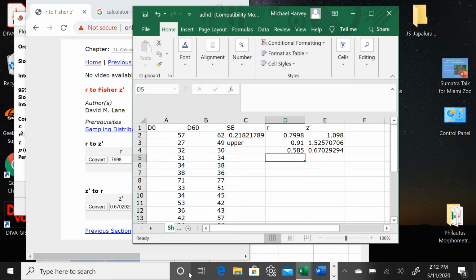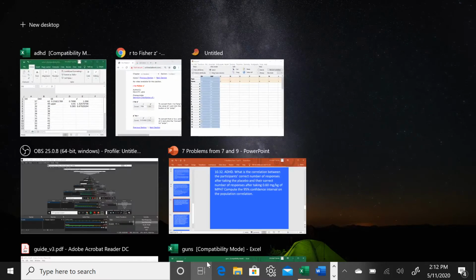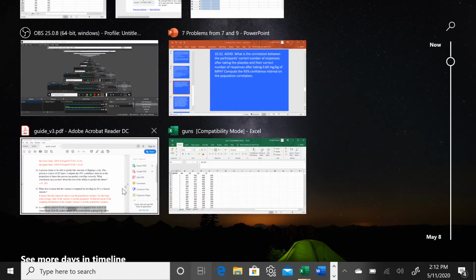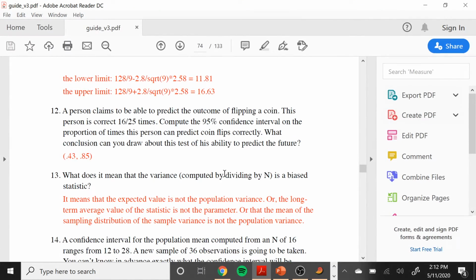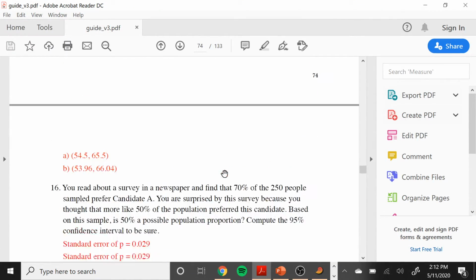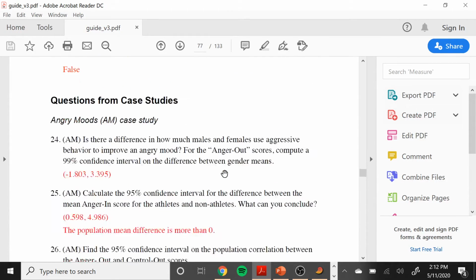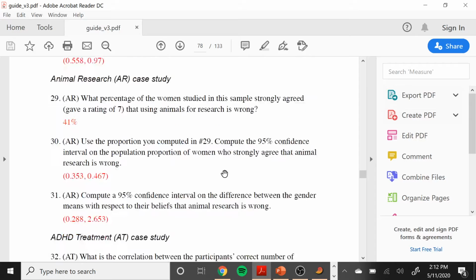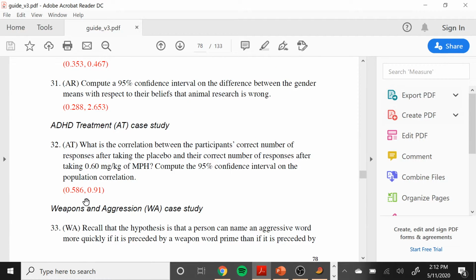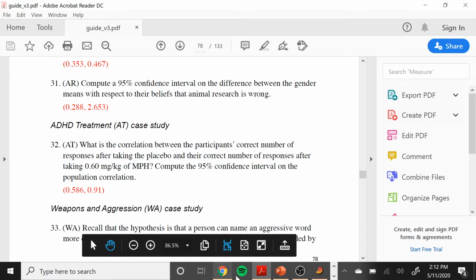So I'm going to double check Lane's guide and see if we got what he got. This was 32, I believe. Yeah, 0.586 and 0.910. Those sound like the same ones.